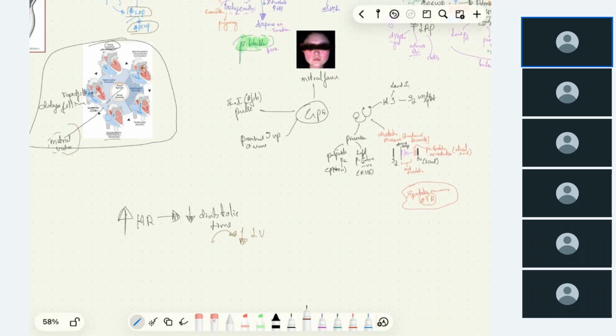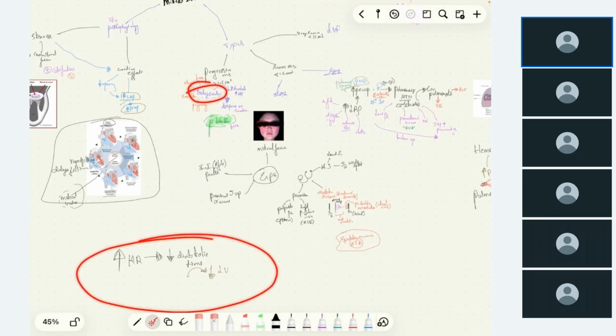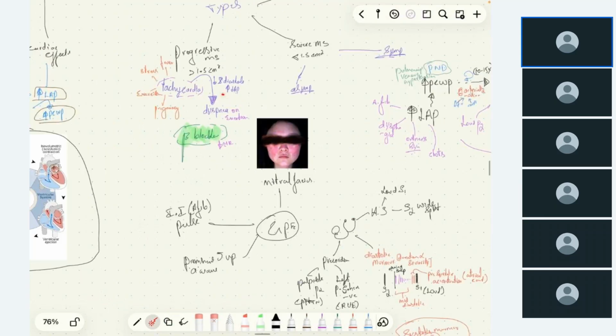Here in MS, the filling is already reduced, and tachycardia is still worsening it. Due to that, there will be an increase in left atrial pressure and pulmonary capillary wedge pressure, leading to dyspnea on exertion.